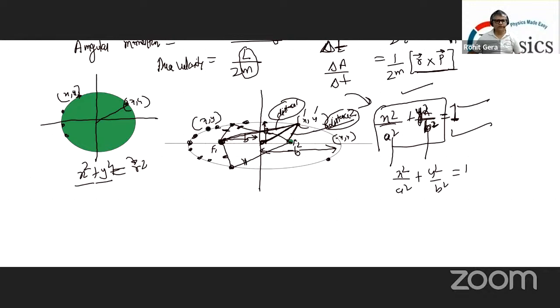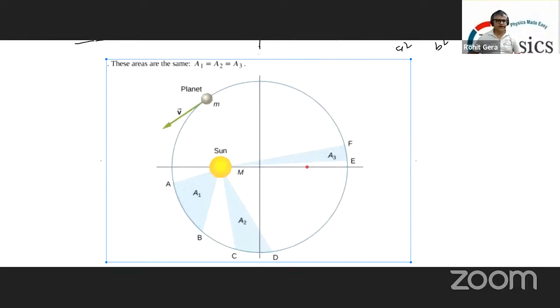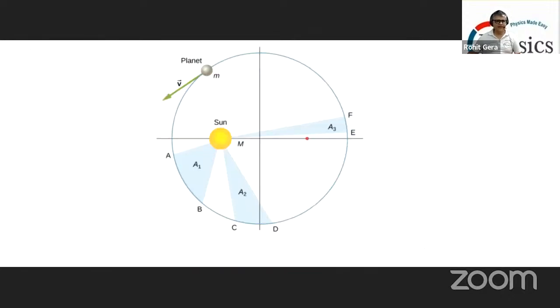In equal amount of time, equal amount of area is swept. So you can see the sun is there and the planet is moving around the sun, and you can see the areas being swept by the position vector from A to B, then from C to D. If the time interval is the same, the areas are equal.